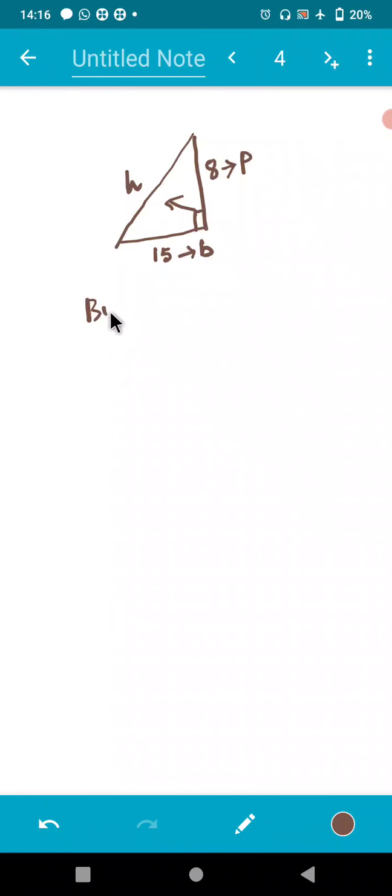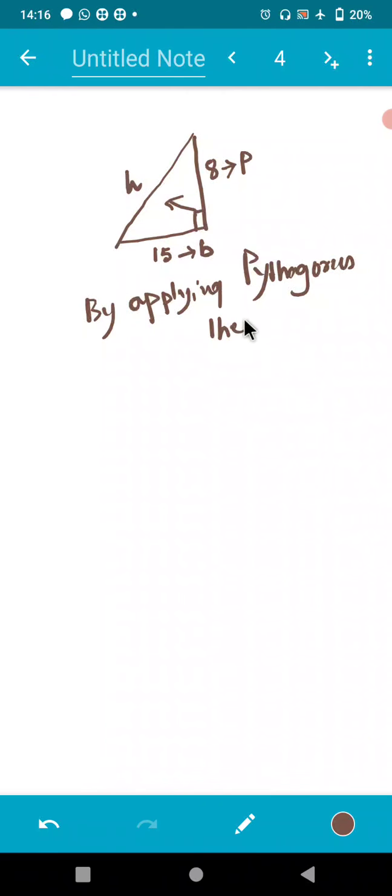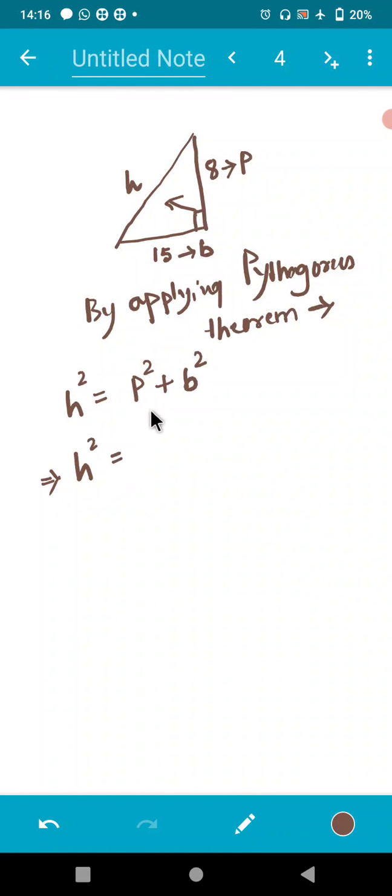So by applying Pythagoras theorem, h square equals p square plus b square. Now h square is equal to 8 square plus 15 square.